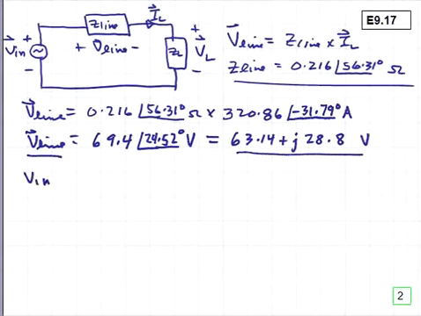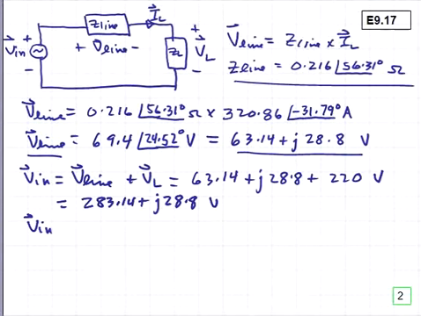Then we can calculate the input voltage as the sum of the line voltage phasor plus the load voltage phasor, or V sub in is equal to 284.6 at an angle of 5.81 degrees volts RMS.